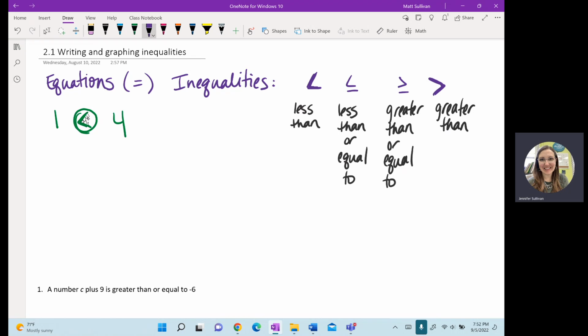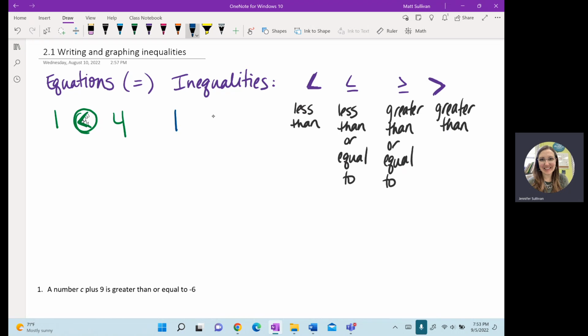I know that I always point the mouth of my inequality towards the bigger number. But then I would need to know, how do I read this symbol? Is it the less than or is it the greater than? When I was in school, I just always had to look at my notes and my picture. But I finally got to where I started having some sense of what was happening with my numbers.